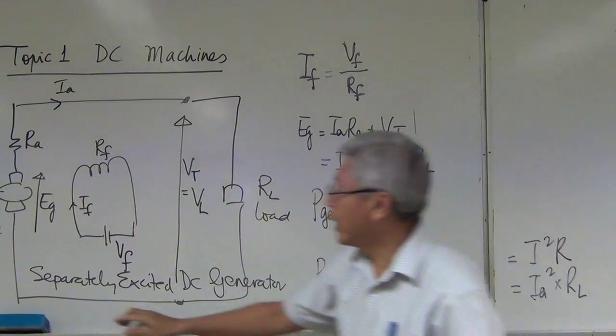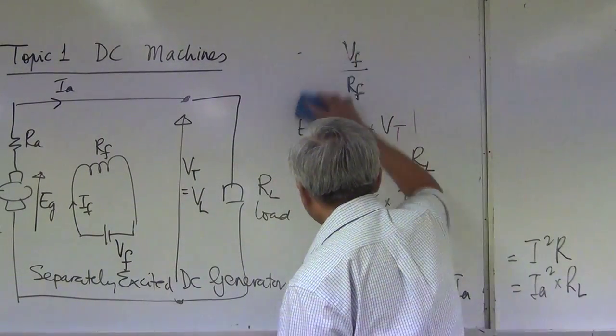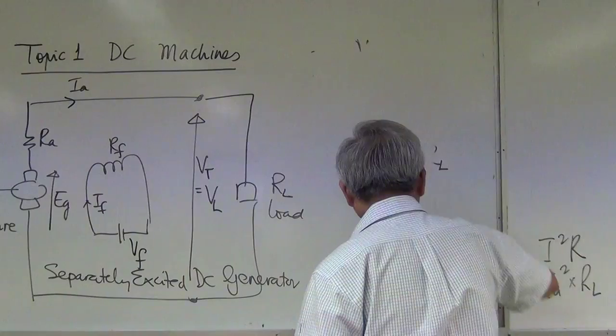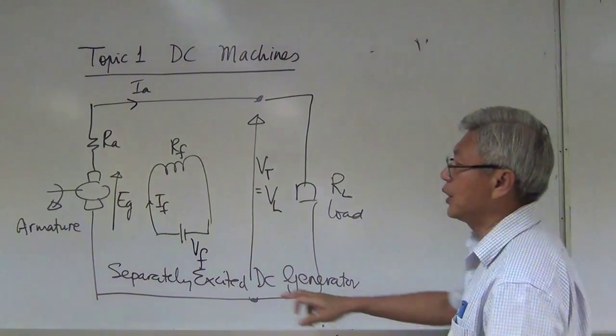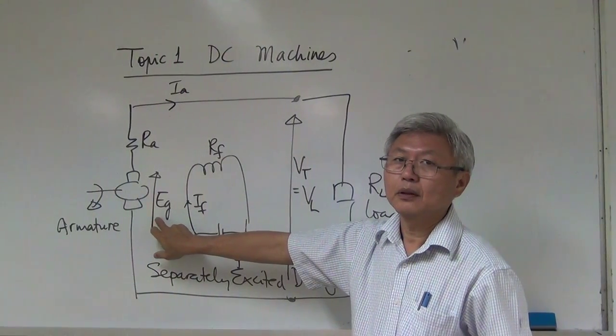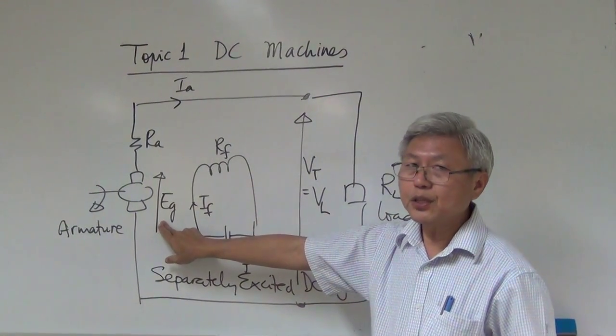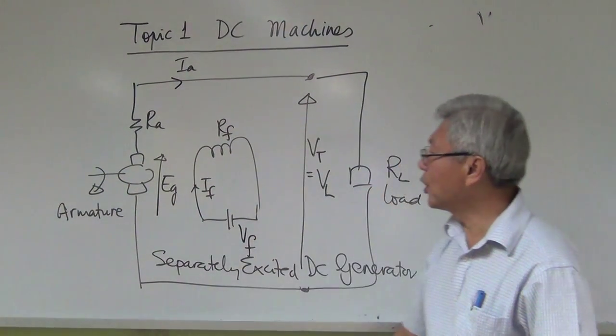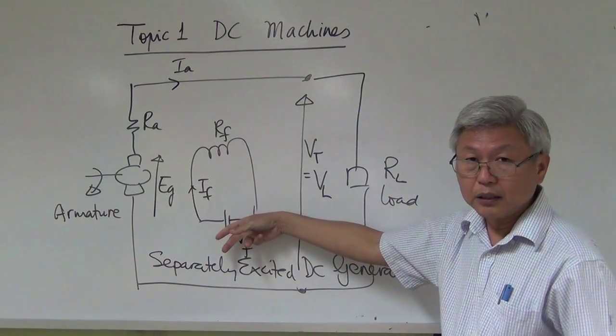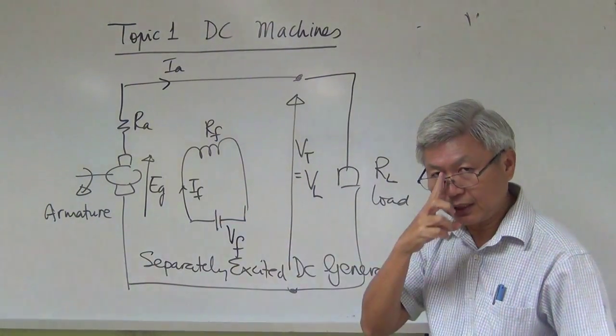Then we have some more things about the separately excited generator. It is about how to increase this voltage. Remember, to increase the generator voltage, you can increase the speed. You can also increase the magnetic flux.